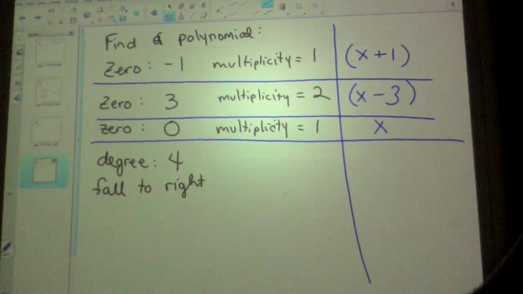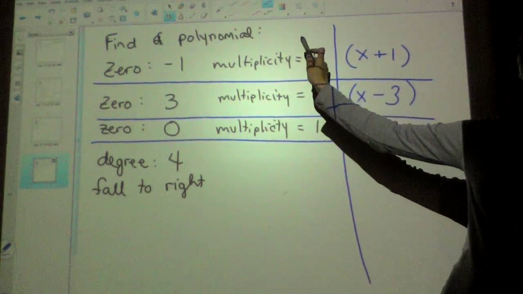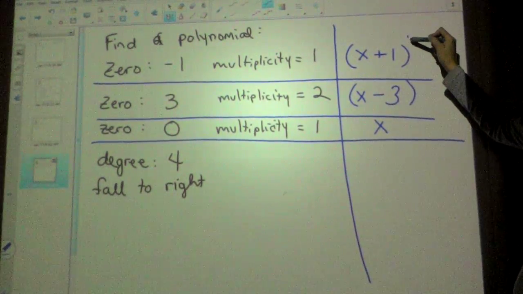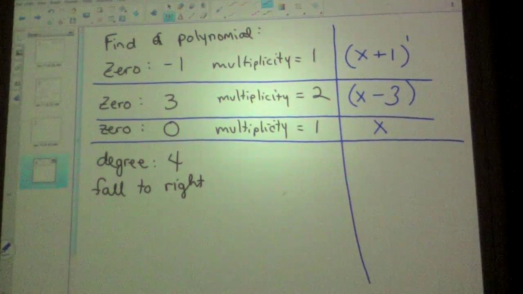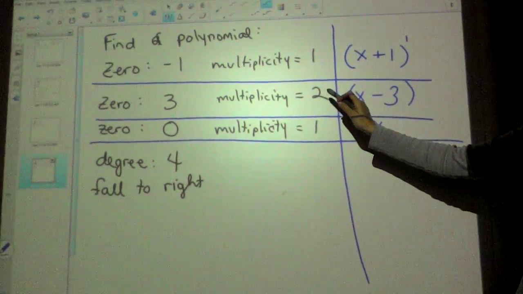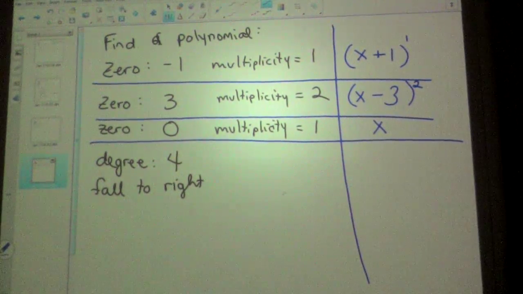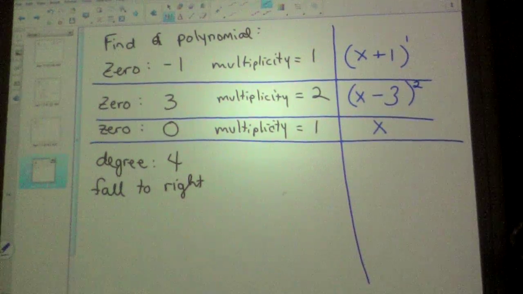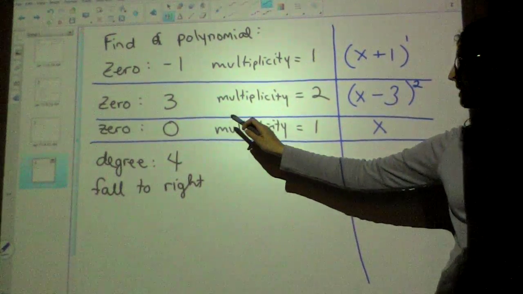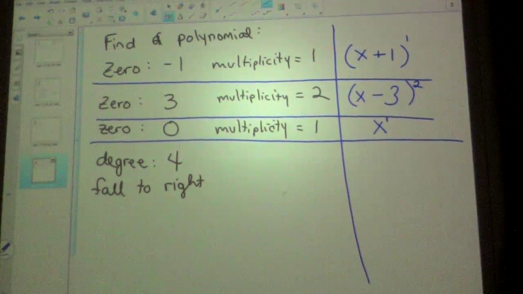All right. The first factor, x plus 1, is supposed to have multiplicity of 1. That means it's x plus 1 to the first power. X minus 3 is supposed to have multiplicity of 2. What that does is it tells me I'll have an exponent of 2 on this. And x equals 0 is supposed to have multiplicity of 1, so x has an exponent of 1.